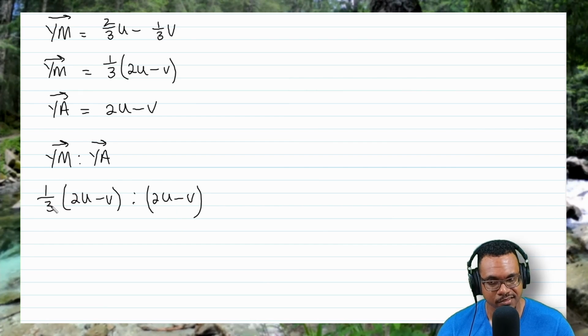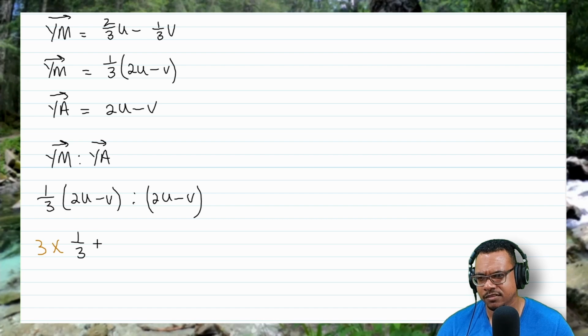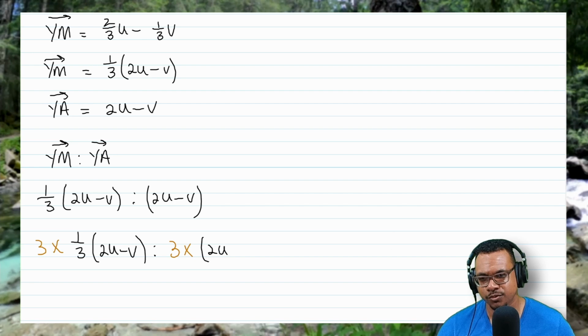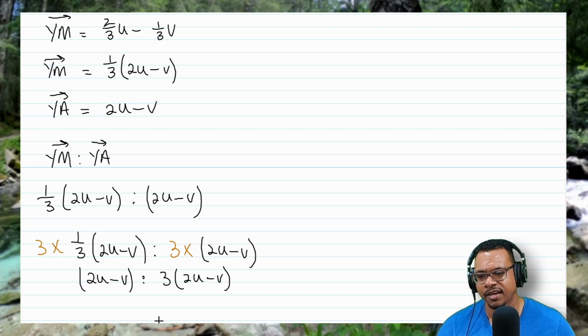So this side had to be 1 and this side had to be 3. So I can simply multiply this side by 3 to get rid of the 1/3. And whatever I do to one side, I'll do to the other side. So I'll have 3 times the 1/3 by 2U take away V to 3 times the 2U take away V. So 3 times 1/3 is just 1, so it's going to give 2U take away V to 3 times 2U take away V. And that's a ratio there.